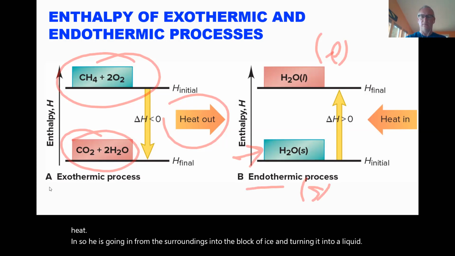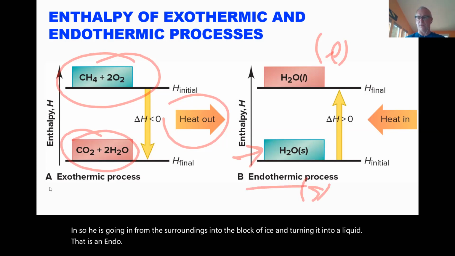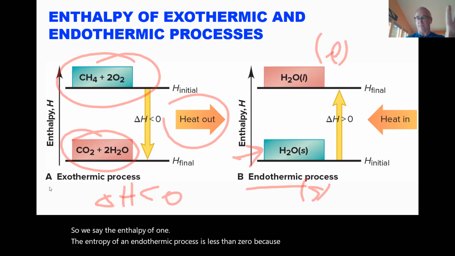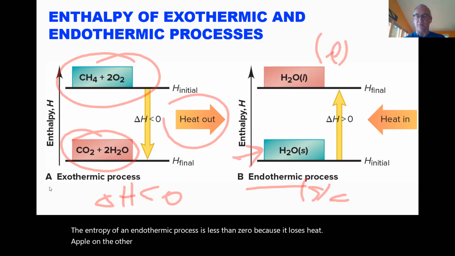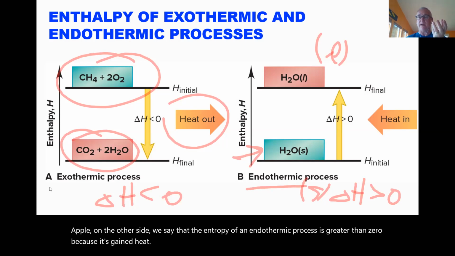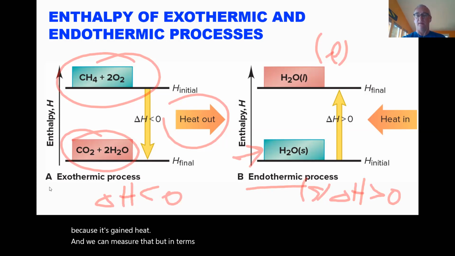That is an endothermic process, okay? So we say that the enthalpy of an exothermic process is less than 0 because it loses heat. But on the other side, the enthalpy of an endothermic process is greater than 0 because it's gained heat.